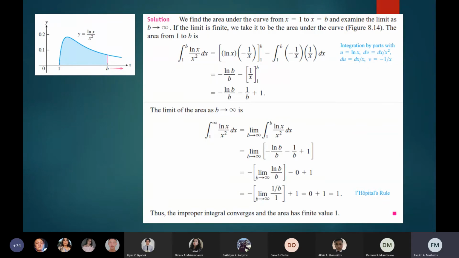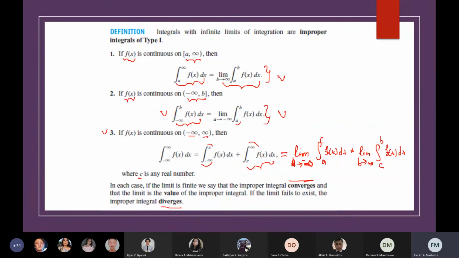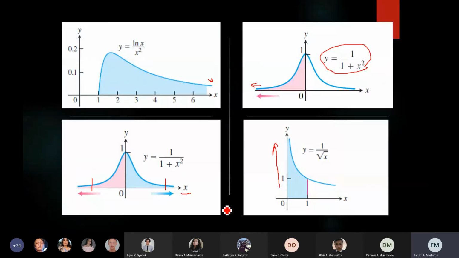And here is one more example. As you see here, firstly we consider this graph, guys. Now we know what an improper integral is, and we know the method of finding these integrals. Let's find the integral of this function.